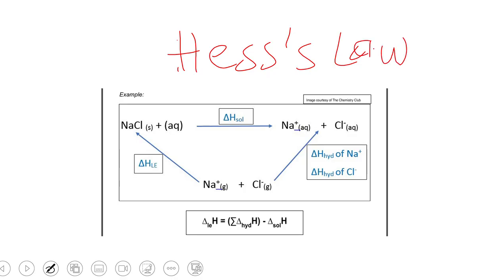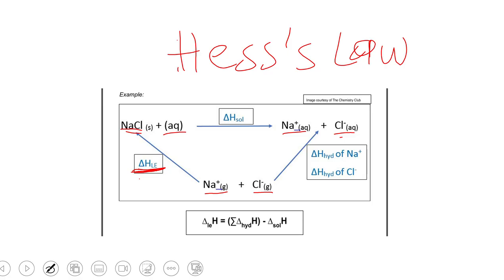Which shows that no matter whatever path you take, the total value for the chemical reaction will still be the same. So this is the ionic lattice dissolved in water, giving you the ions in their aqueous state. That's the enthalpy of solution. And from the ions in their gaseous state to the ionic lattice, that's the enthalpy of lattice formation.